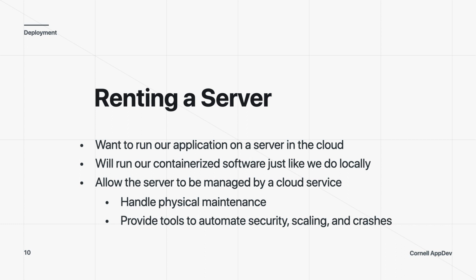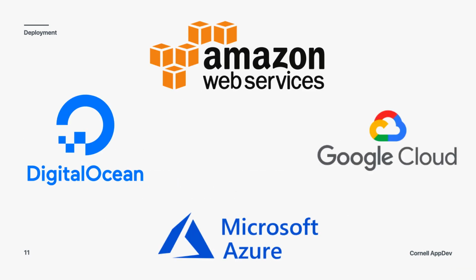And it's very important that it's managed by a cloud service provider, because they provide tools that help automate security, and they can help you scale and help you deal with what happens when your app crashes. Some popular examples are AWS, Amazon Web Services, and DigitalOcean. This is actually what AppDev uses for our apps, like Eatery and Ithaca Transit.